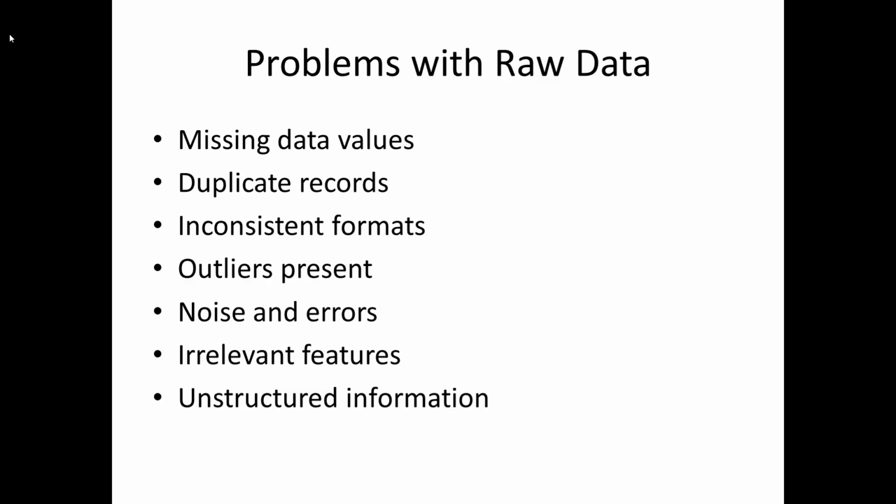That is called duplicating the data. Inconsistent formats. Outliers present. Noise and errors. Irrelevant features. Unstructured information. These are the problems with raw data.